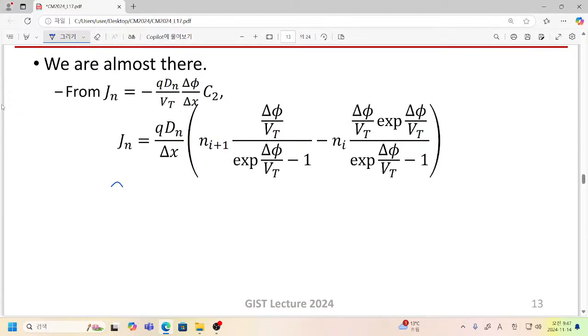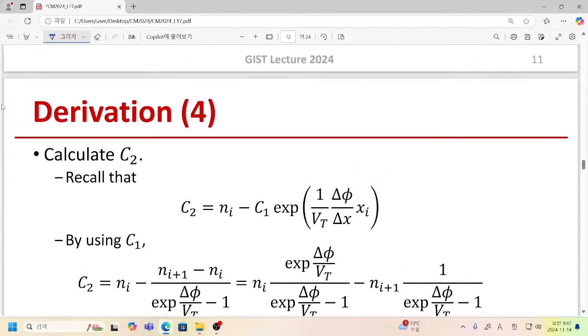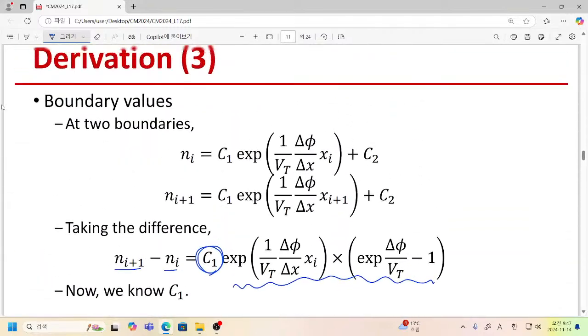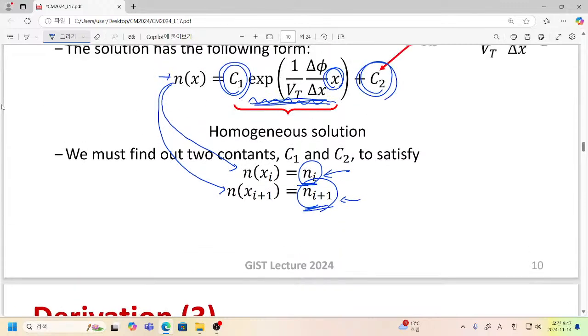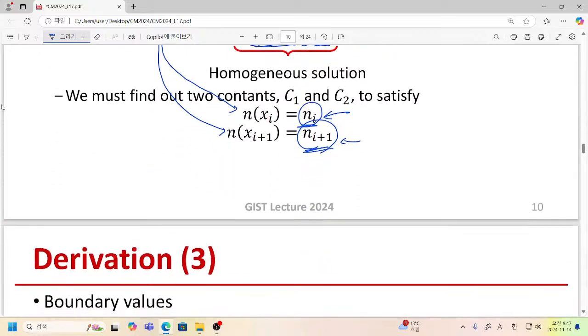Now we have the final form of J sub n. Maybe you feel a little uncomfortable with this form. We started from quite a neat form of electron density, but eventually our final result seems to be quite complicated.